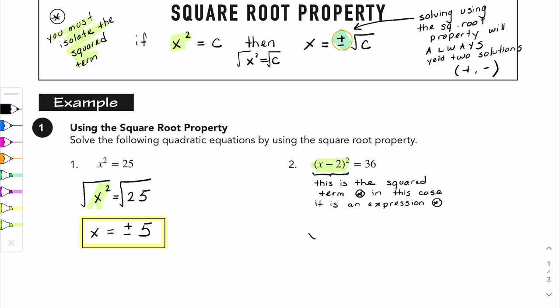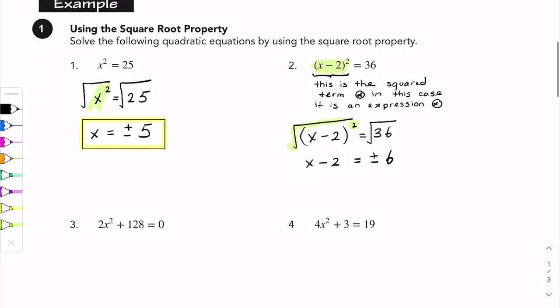Okay, so our term of x minus 2 is in parentheses squared, and that's equal to 36. So like I mentioned, the squared term is already isolated. We take the square root of both sides. If you take the square root of a squared term, such as this one, we're going to be left with just x minus 2 is equal to plus or minus the square root of 36, which is 6.